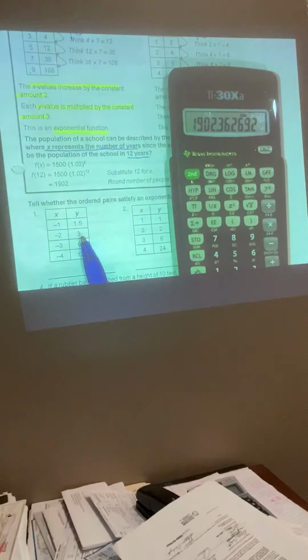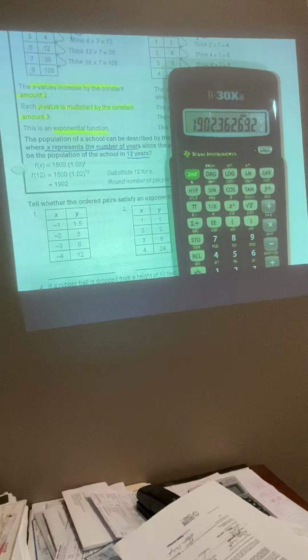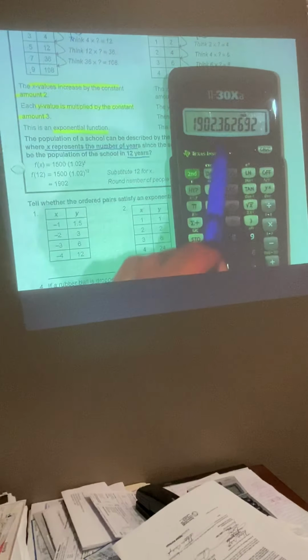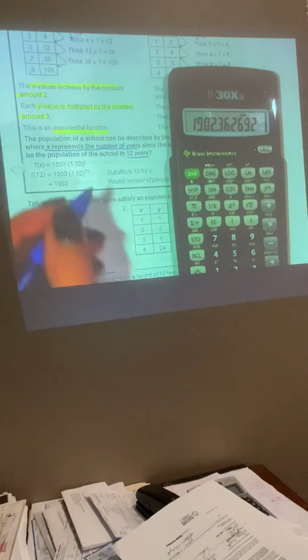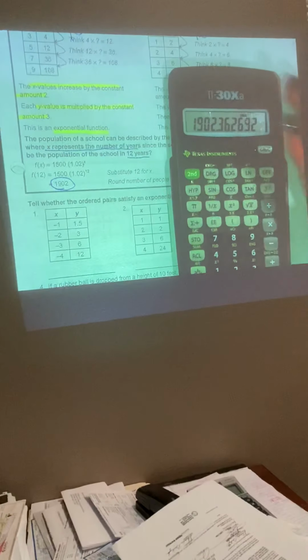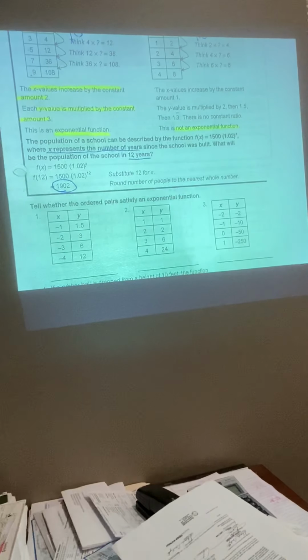Now, notice we get this answer. What are we talking about here? We're talking about population. When we talk about people, we have to round to the nearest whole number. So we're going to use our rounding rules. You get 1902.4, so you round to the nearest whole number, which is 1902. All right, so let's practice.